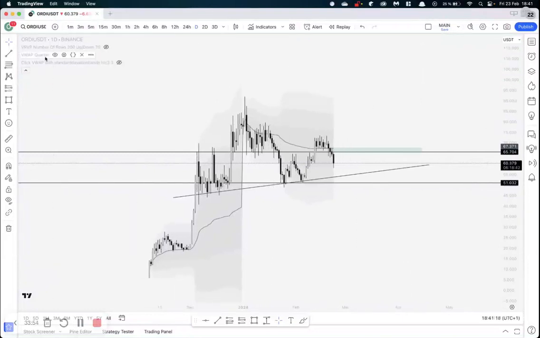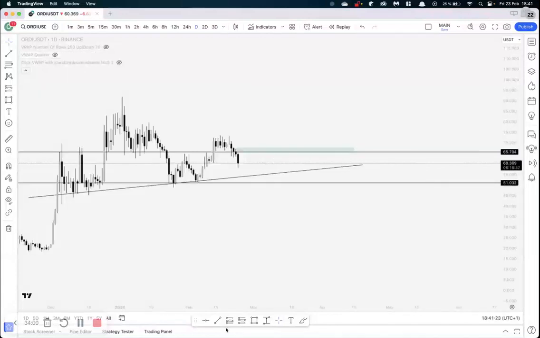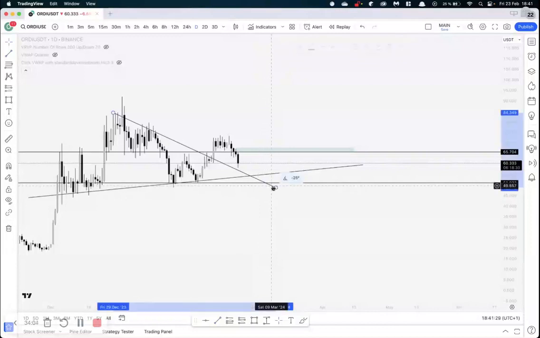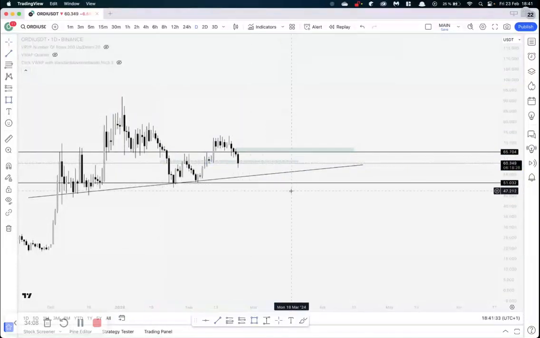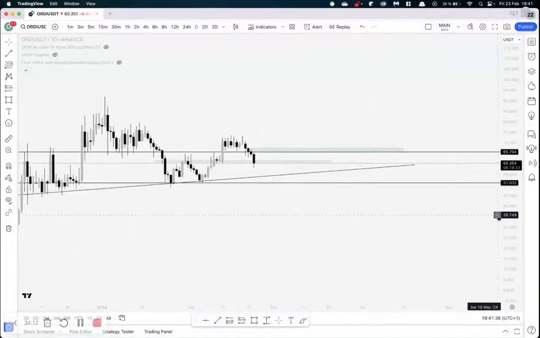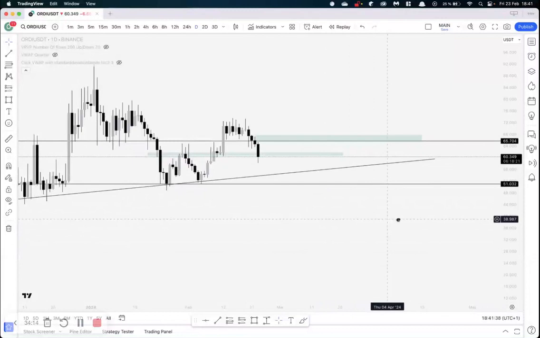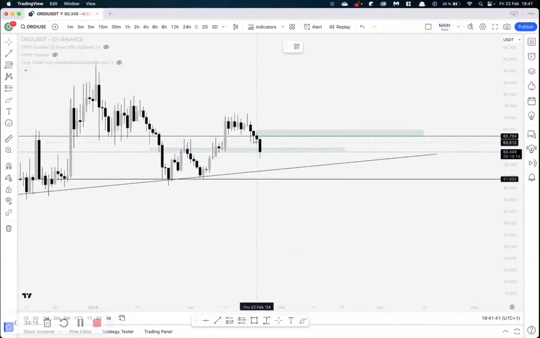So Ordinals. We flipped VWAP up to resistance here, which is bad for Ordinals, but we are right around a demand block here. So you'd look to potentially do a short off here.